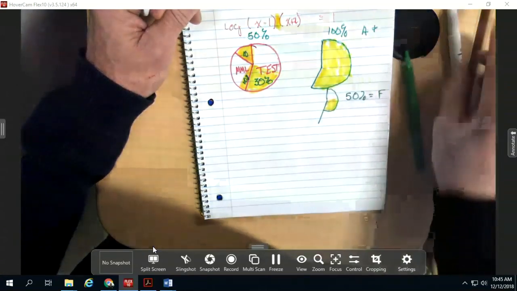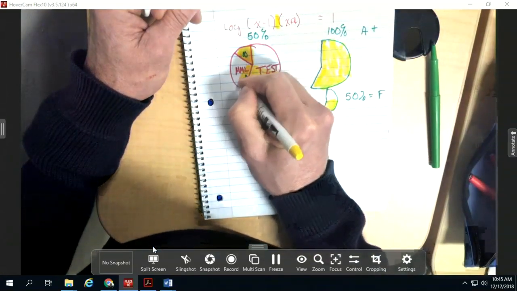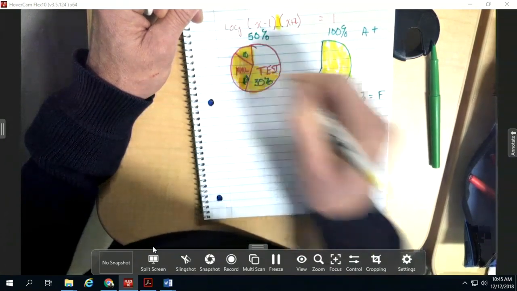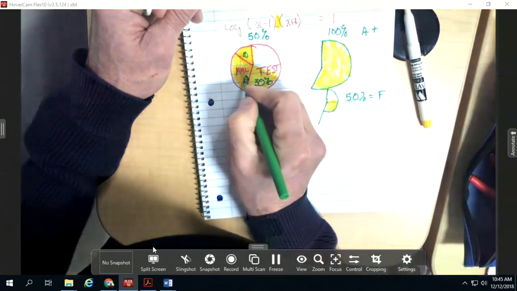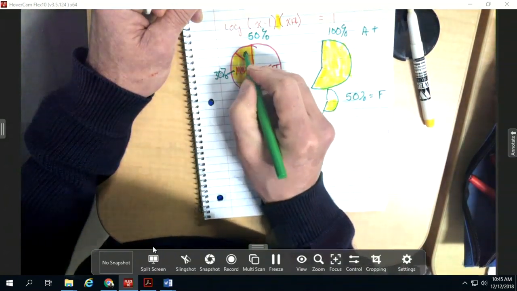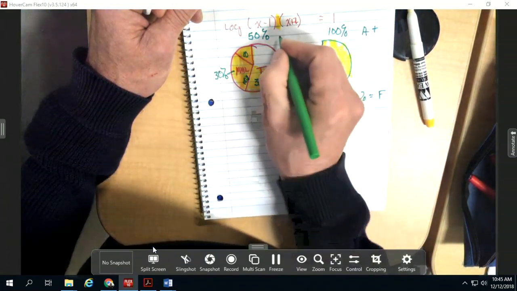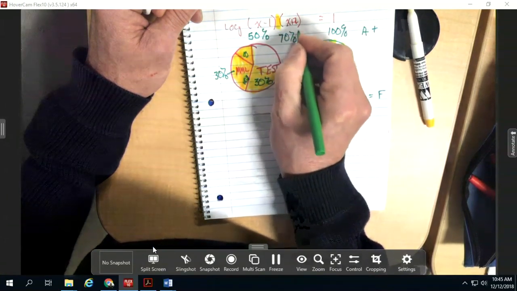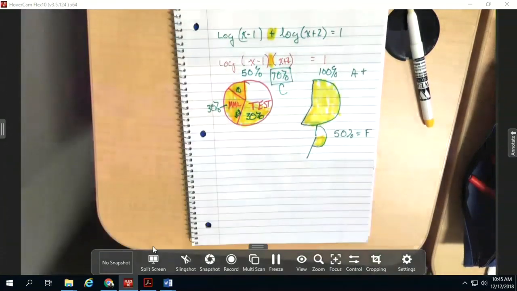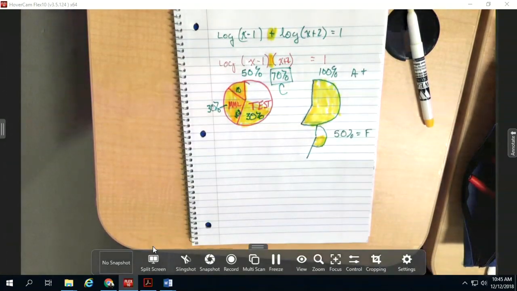Now, if you were to change this so that you did all of those, that would make this section here not worth 10%, but 3 times that, or 30%. 30 plus 40 plus 30 is 70%. And what is a 70%? It's a C. So, it depends.